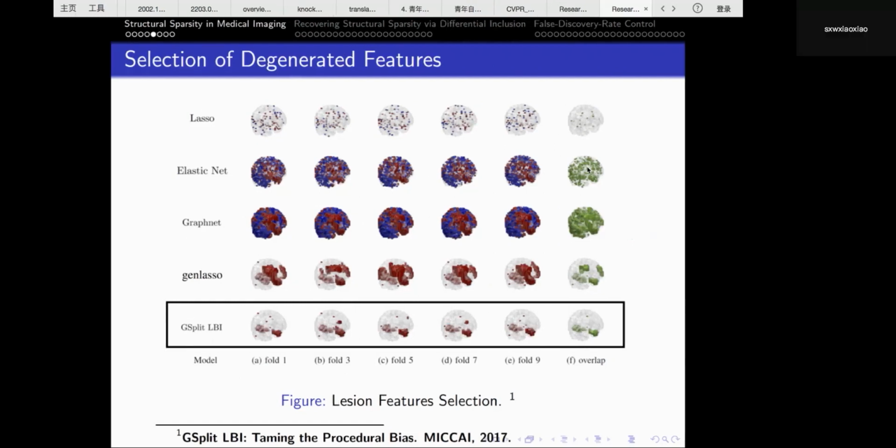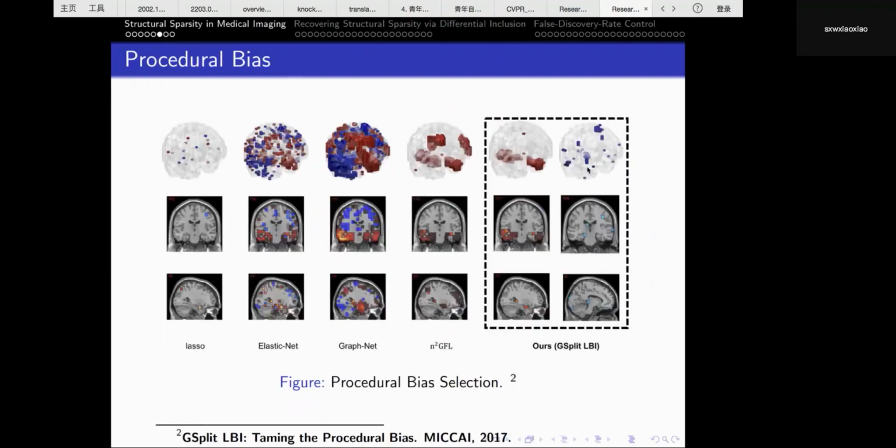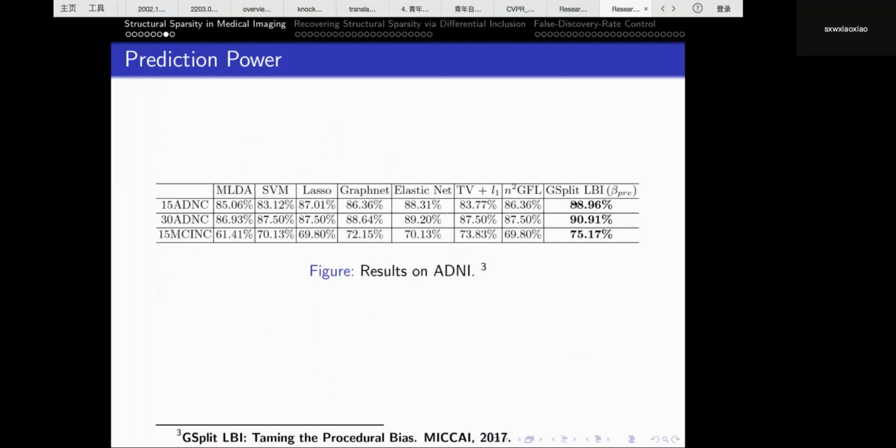And the selected feature of our new method is composed of two parts. The first part is the lesion features, and the second part is the procedural bias, which respectively refer to the degenerated and enlarged voxels. By additionally considering the procedural bias, our method can improve over other methods in terms of disease prediction.